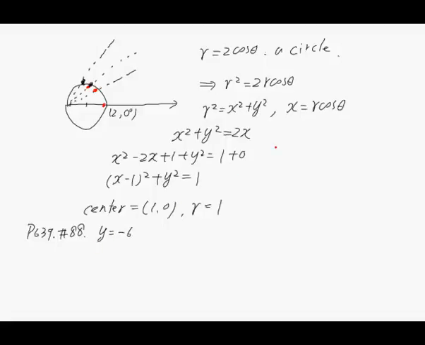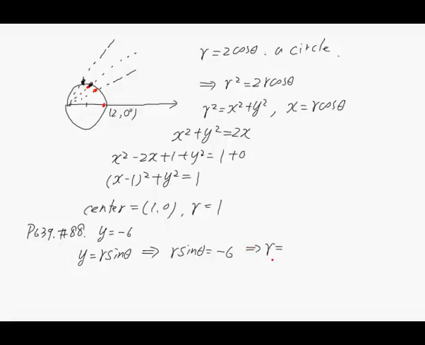And we know y is equal to r times sine theta. So we just replace this y by r times sine theta. Then we get r times sine theta equal to -6. And then we divide both sides by sine theta.